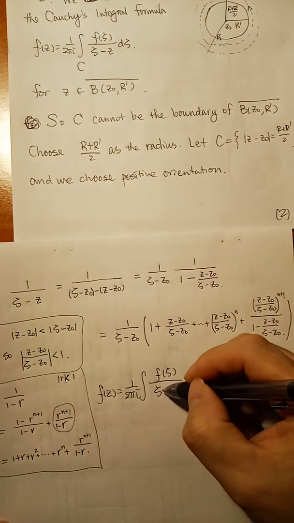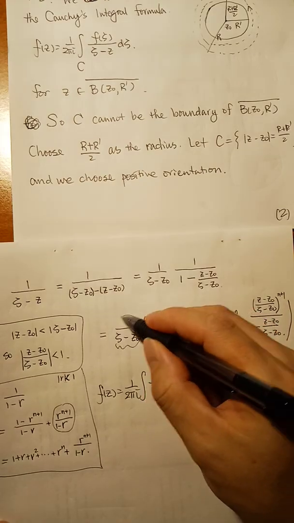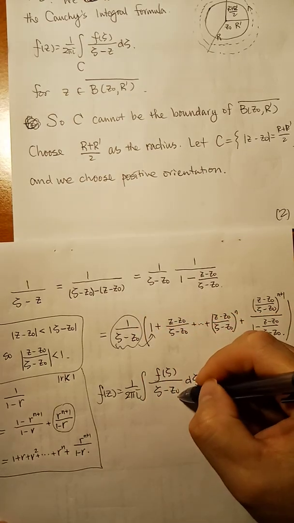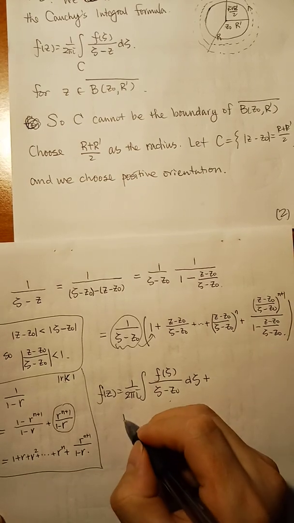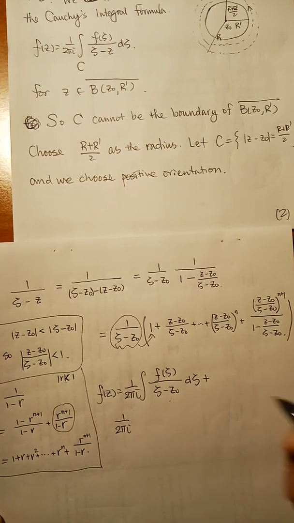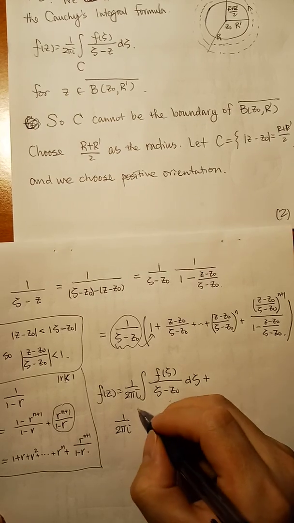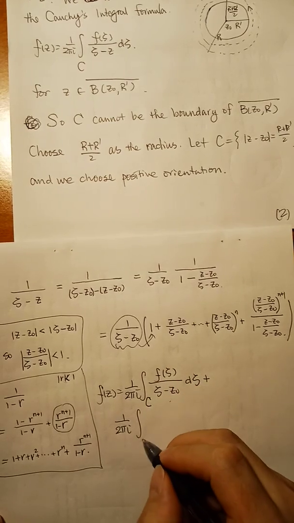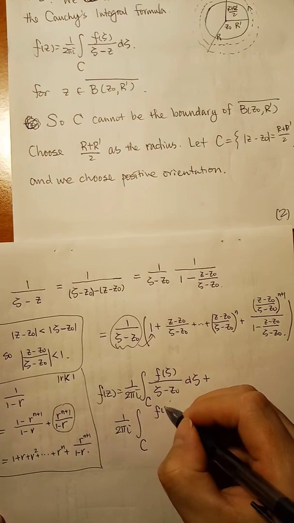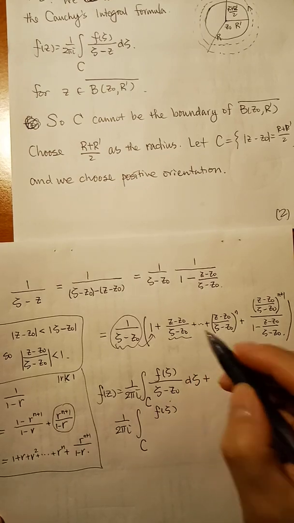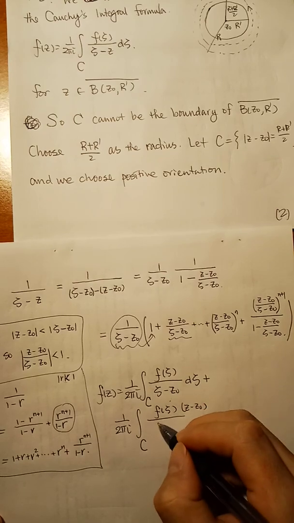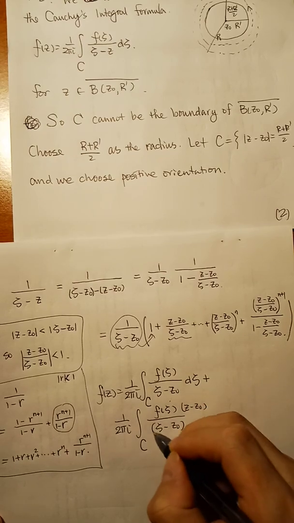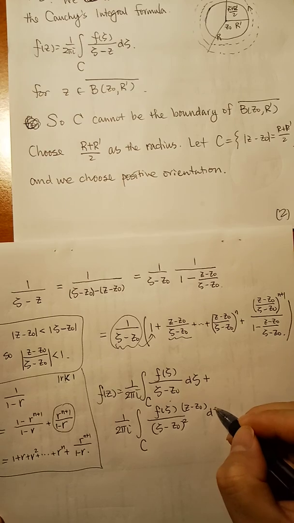So this term comes from the first term times 1. And the second one, 1 over 2 pi i, the integral along C, f of theta, so this term you will have z minus z0 over theta minus z0 squared d theta.